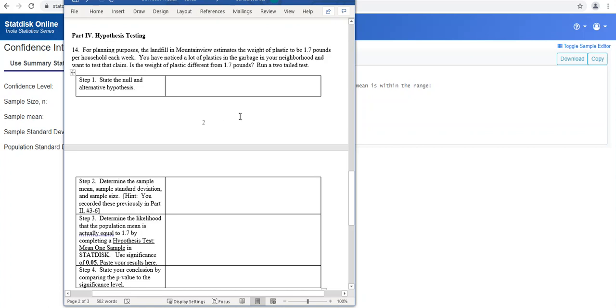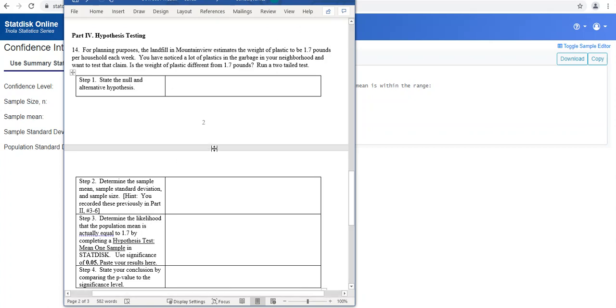So there's going to be some population claim. It's not something you make up. Basically, it's something that has legitimately been created or understood for a long, long time. There's been data collected and they weigh it and they check it all the time. And on average, it always comes out to be 1.7. Okay, so this isn't something that they're just guessing at.